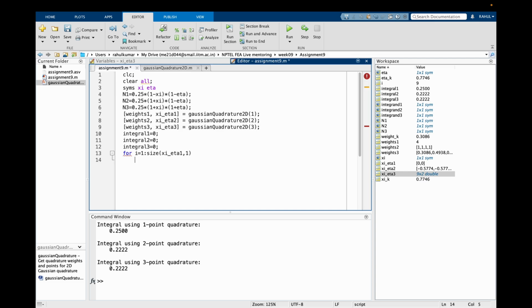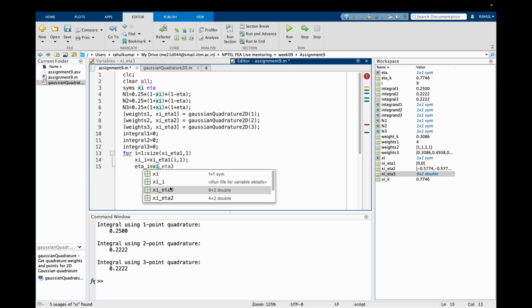Suppose I am taking the ith element, so xi i will be xi eta 1, ith row and first column, and similarly eta i will be xi eta 1, ith row and second column.